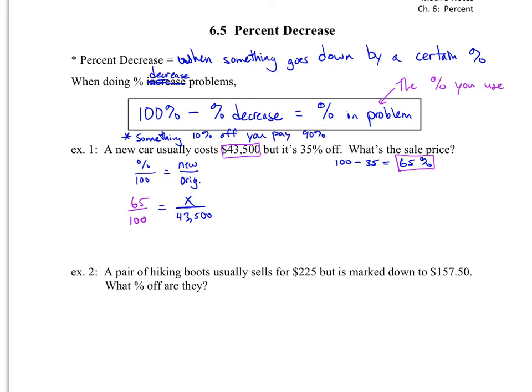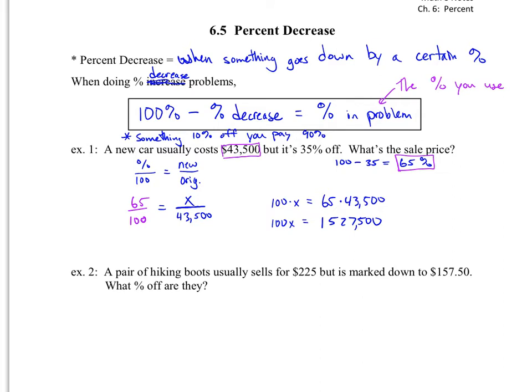So I cross multiply. So I get 100 times x equals 65 times 43,500. So I get 100 x equals 1,527,500. Wait, that isn't right.